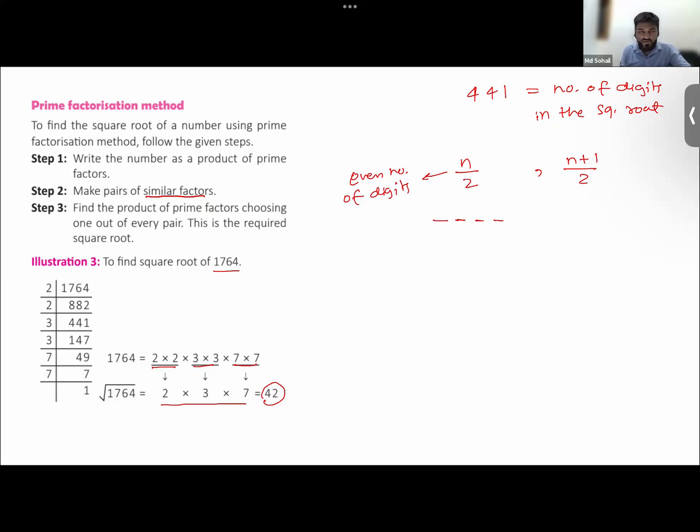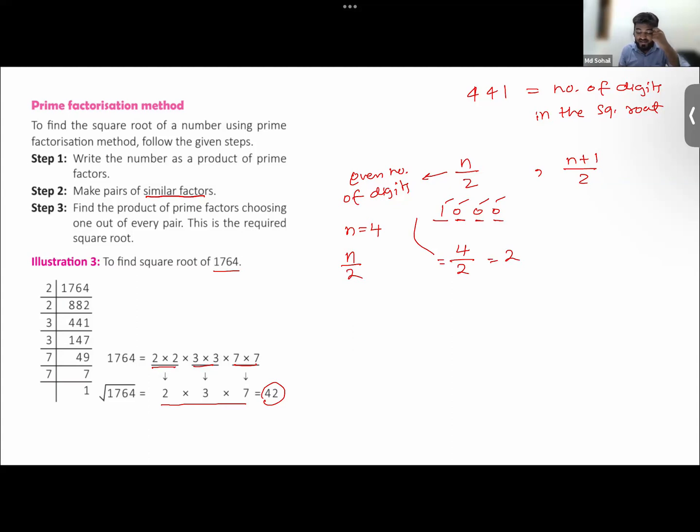Let's say there are 4 digits here. So how do we find out the number of digits in a square root? Simply you will divide 4 by 2. Count it, 1, 2, 3, 4, there are 4 digits here. So n here is 4. You simply use the formula n upon 2, that is 4 upon 2, that means 2. Right, guys?